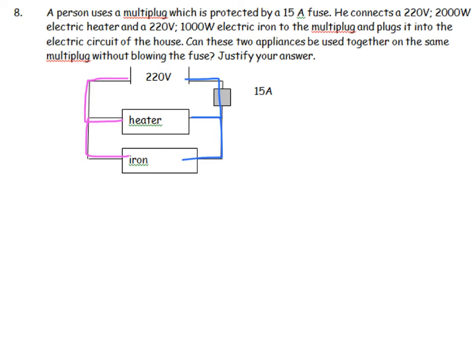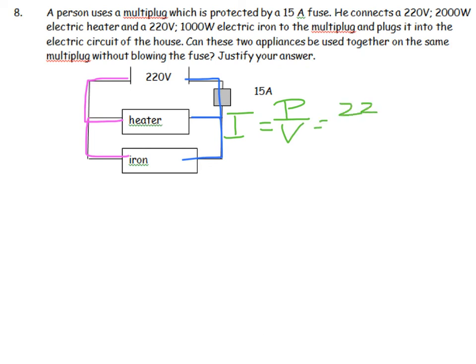So we get told that the heater is 220 volts, 2000 watts, and we're told that the iron is 1000 watts, and it's also 220 volts. So with that information, I'm able to work out the current on each of those branches. So the current is going to be equal to power divided by potential difference in each case.